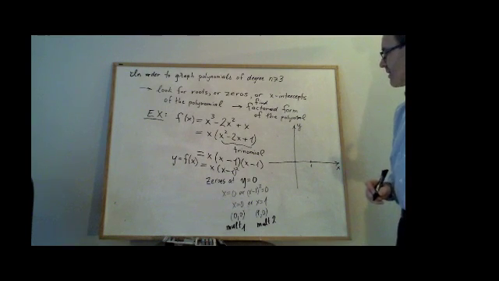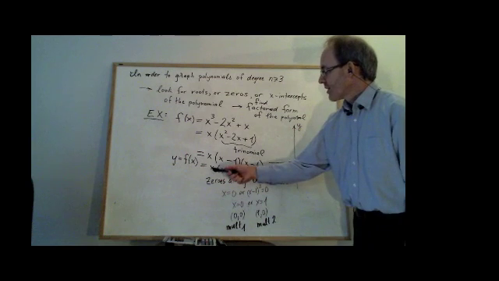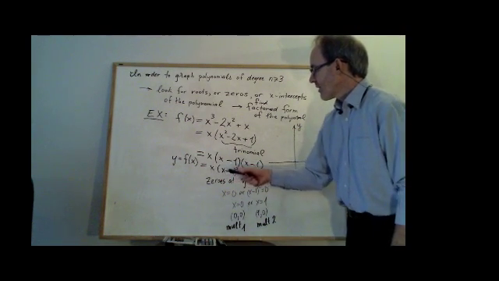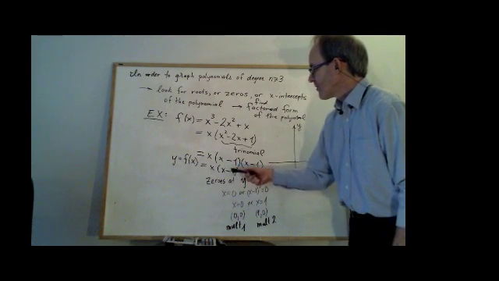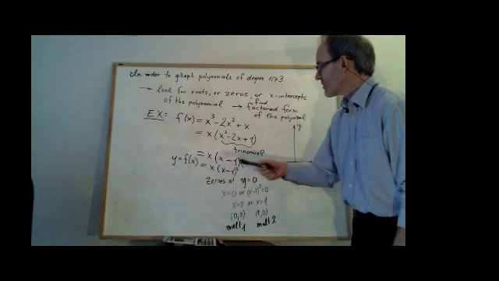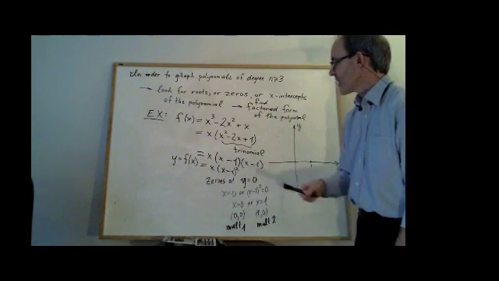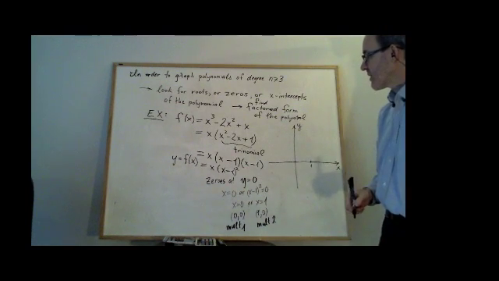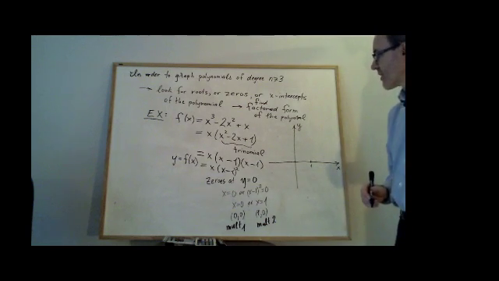Now when all the roots are real, then I'll be able to factor this completely in terms of polynomials which are linear and where you're subtracting a real root. You're adding or subtracting a real constant here in these factors. So I can always factor this over the real numbers, and in terms of linear factors.